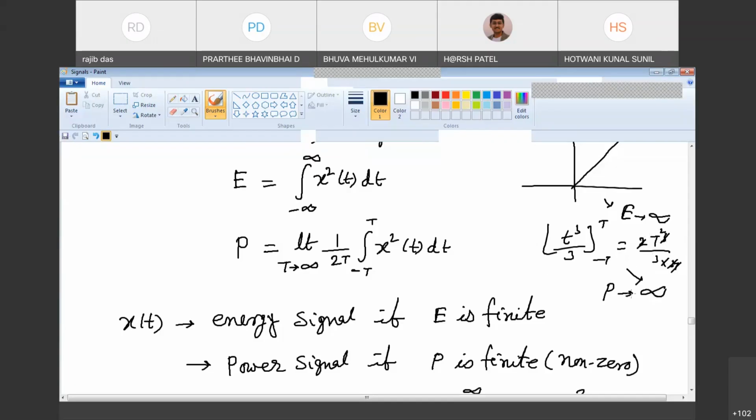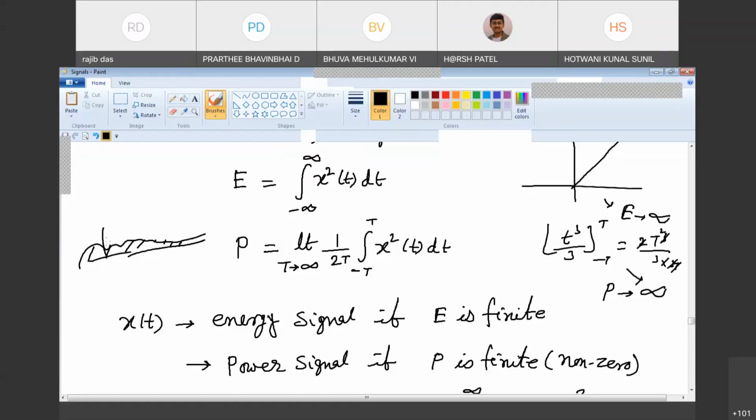So some signals are energy signals, some signals are power signals, and there are certain signals that are neither energy nor power signals. But one thing I can comment: if it is an energy signal, then obviously the signal is time bounded, a time limited signal. If it is going towards infinity, then if you take the square and go on adding, obviously you will get infinity.